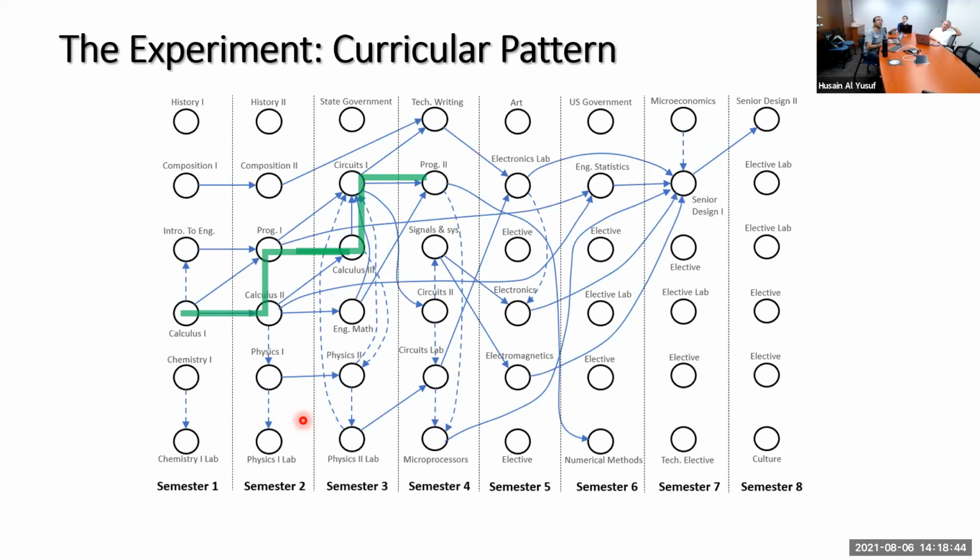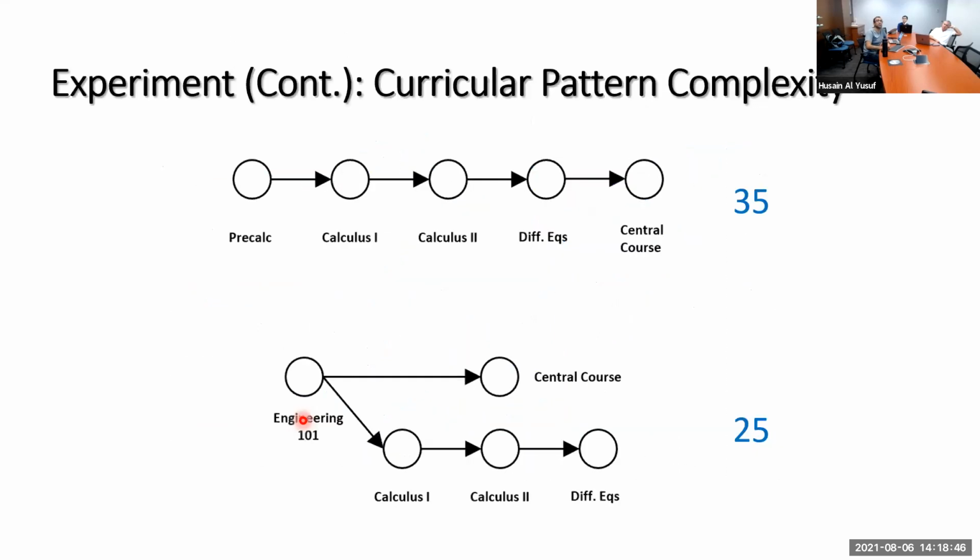And just as a proof of concept, we simulate this model on these 2 curricula, and we assume that someone completing the curriculum has graduated. We have a complexity of 35 for the first curriculum, let's call it a degree plan, and the second one has a complexity of 25.